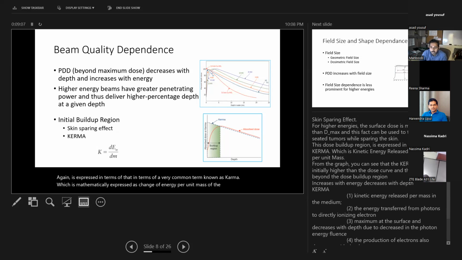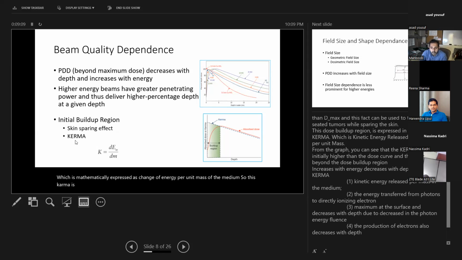KERMA is derived from kinetic energy released per unit mass in the medium. This is basically the energy that is transferred from photons directly to the ionizing electrons. For example, if the beam is entering from the left side of the phantom, you will see the photon fluence is transferred to the electrons, and KERMA would be maximum at the surface.